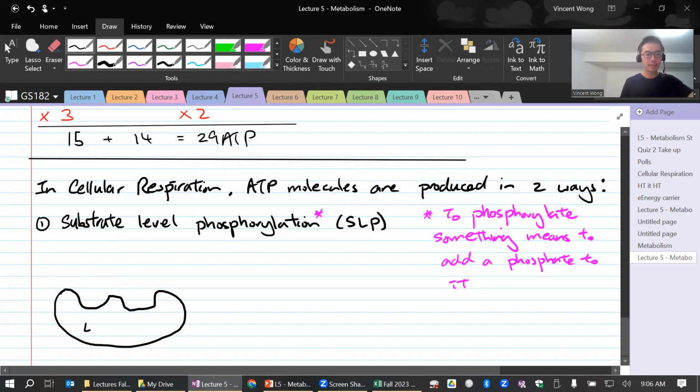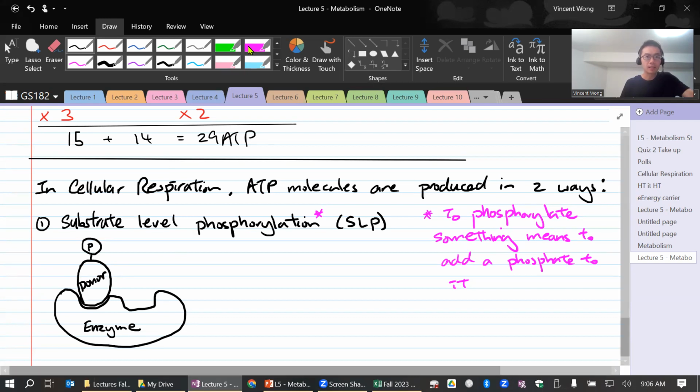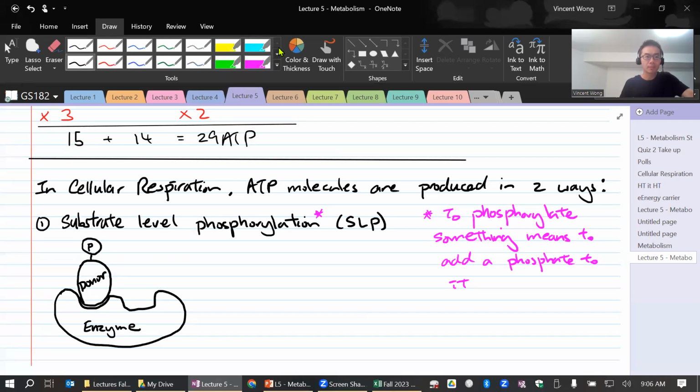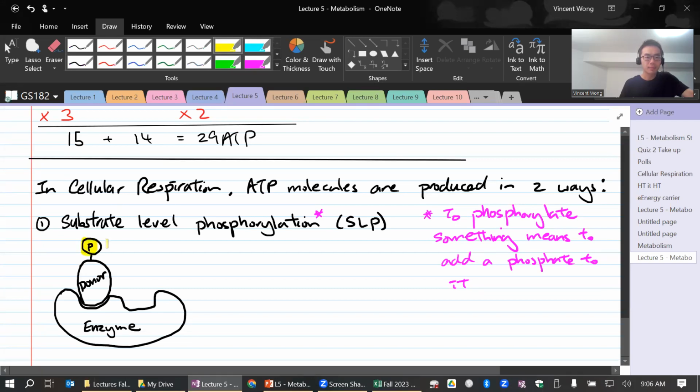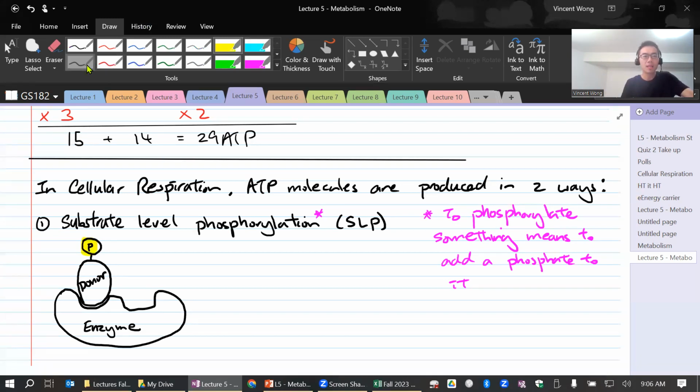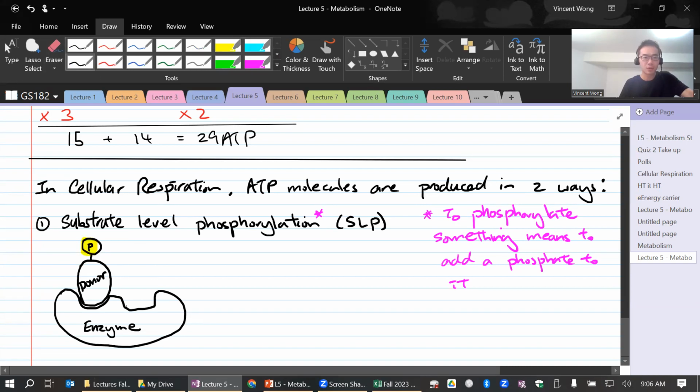We need an enzyme. Everything needs an enzyme in the body. And we are going to have a donor molecule. And this donor has a phosphate that it is willing to give away. It doesn't mind. Yeah, take it. Take my phosphate, no problem. And what are we going to give the phosphate to?